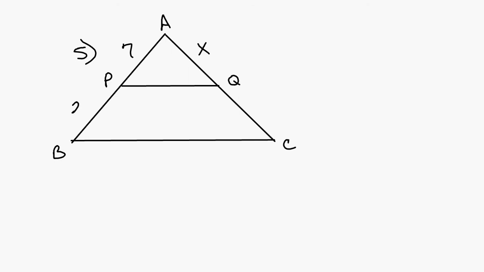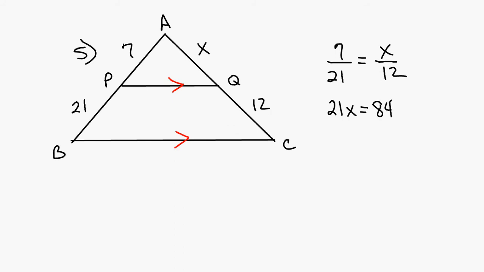And you are told that PQ is parallel to BC. So the segments created are proportional, aren't they? All right, so our 7 over 21 has to be equal to x over 12. Crisscross multiply, so 21x equals 7 times 12, that's 84, divided by 21, x equals 4.